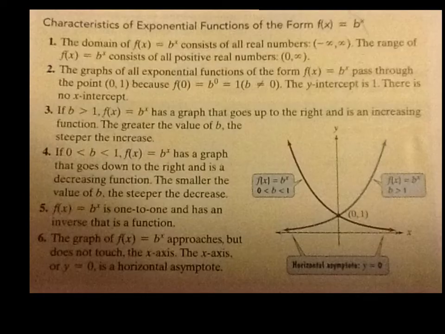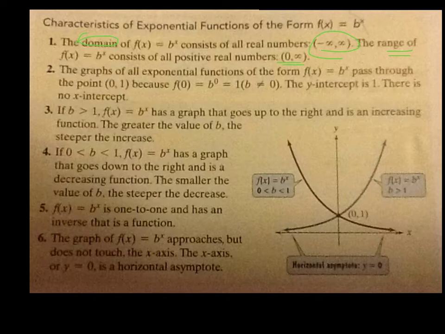Okay. So here are some characteristics, and a couple of those we saw in those two graphs, some characteristics for exponential functions. First being that the domain is negative infinity to infinity. The range is going to be 0 to infinity. So I can put any value I want in for x.